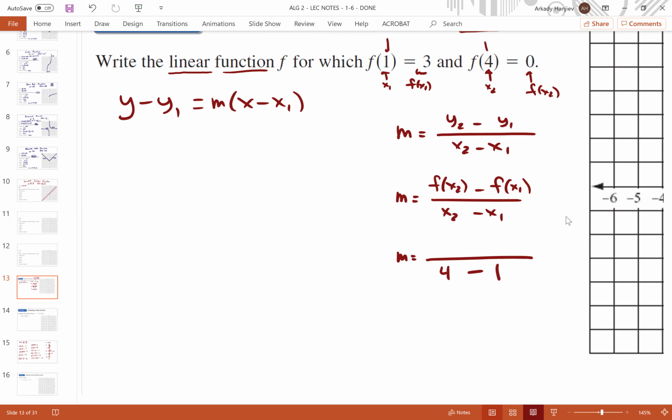My plug-in values are 4 and 1. My output values are 0 minus 3. Talk to me, see if this makes sense, because I don't want to confuse you. Just notice where all the numbers are coming from.